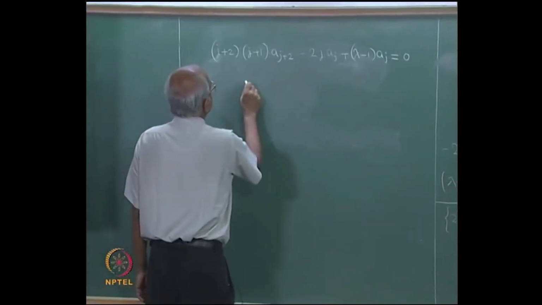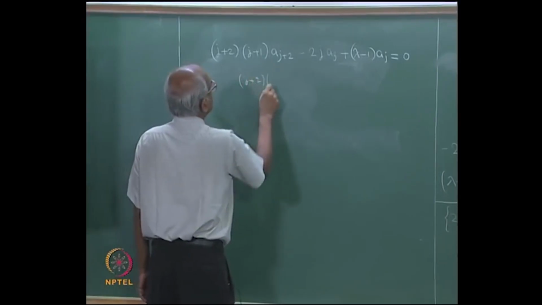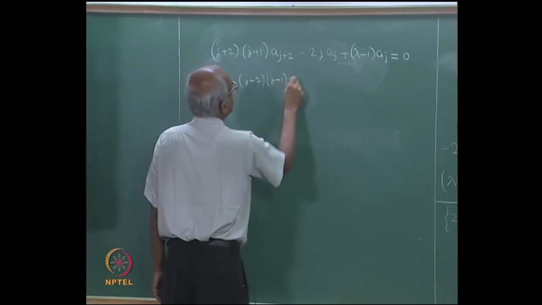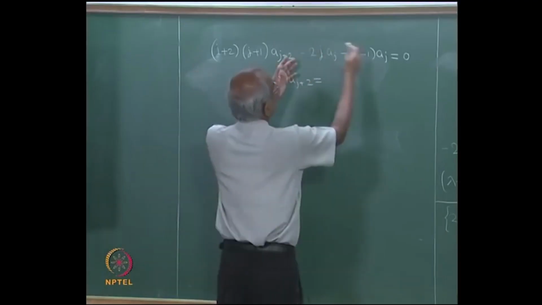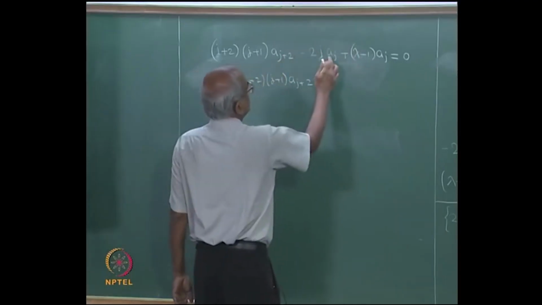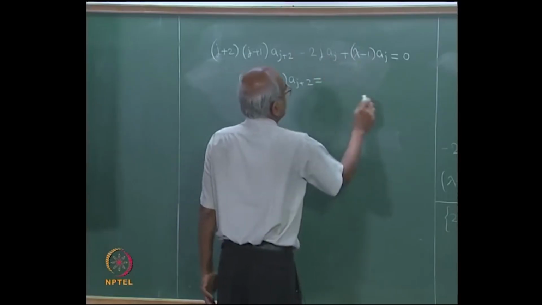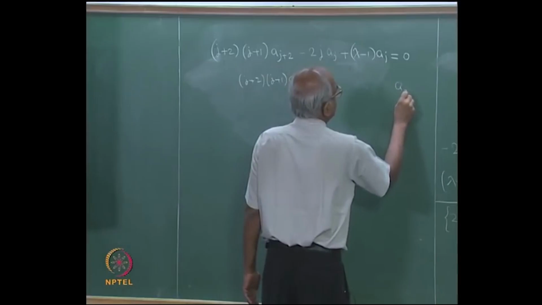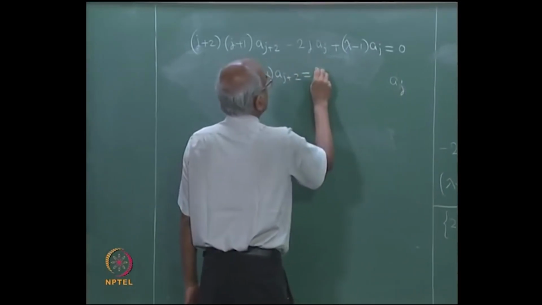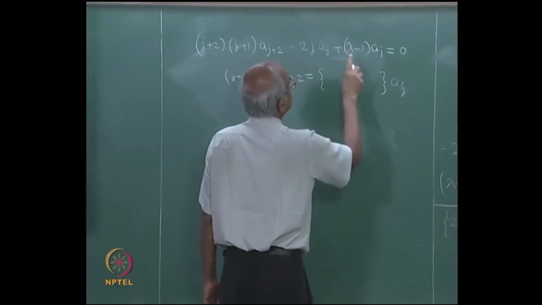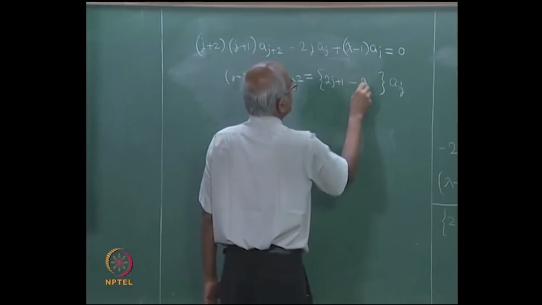We can say that this means j plus 2 into j plus 1, a j plus 2 must be equal to, I will take these terms to the other side, but you can see that there is an a j that is common. So, I will take the a j outside, and what I will have left is 2 j plus 1 minus lambda.